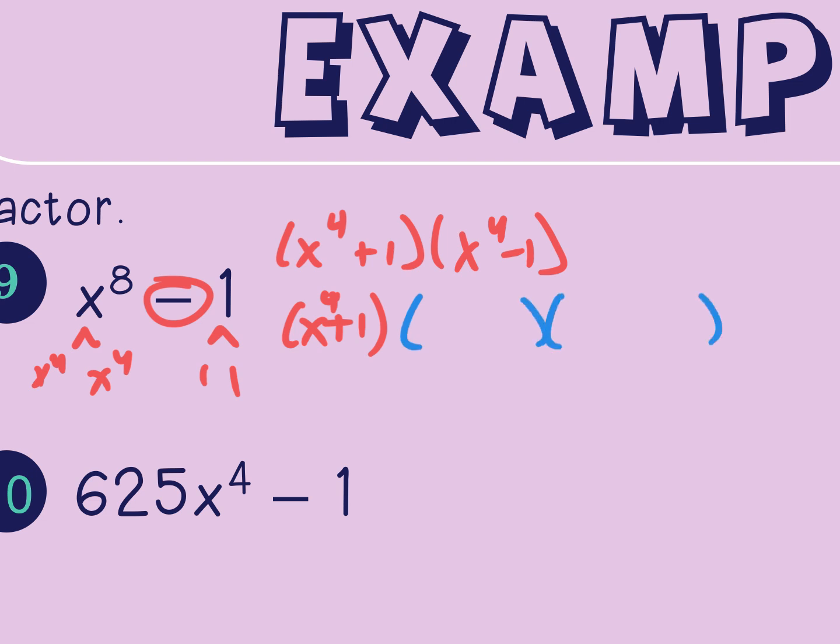Yes. What times what gives you x to the 4th? X squared and x squared. What times what gives you 1? 1 and 1. Is there a minus sign in the middle of that? Yes, so that's the difference of perfect squares. So I can put a plus 1 here and a minus 1. Can I factor any further?